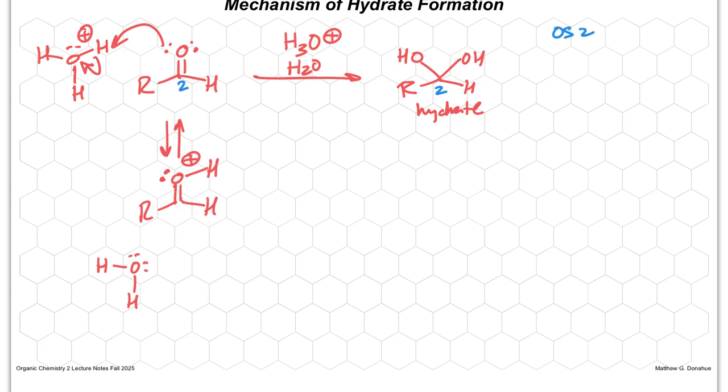And I want to show a resonance form where that plus charge moves down to carbon. So we're going to give oxygen its lone pair back. That means the carbon has to be plus. So it is now an electrophile. And the water is a nucleophile supplying electrons. So those will attack.